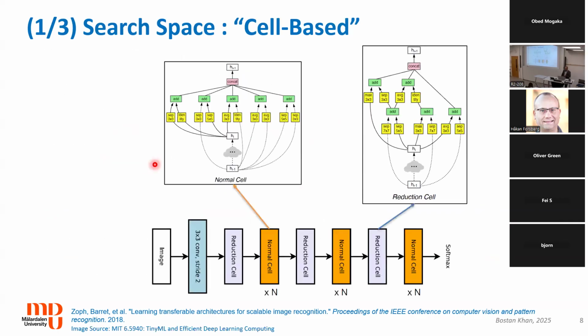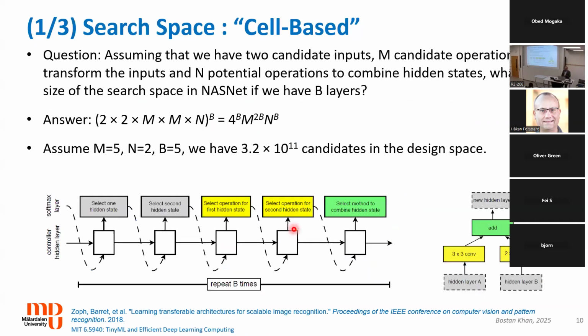So at this stage, for example, we can either take input from this part or from this part. So this kind of mimics a ResNet type of architecture here. So you can see that in this search space, we have 3 multiplied by 10 raised to the power 11 candidates in the overall design space in this case.